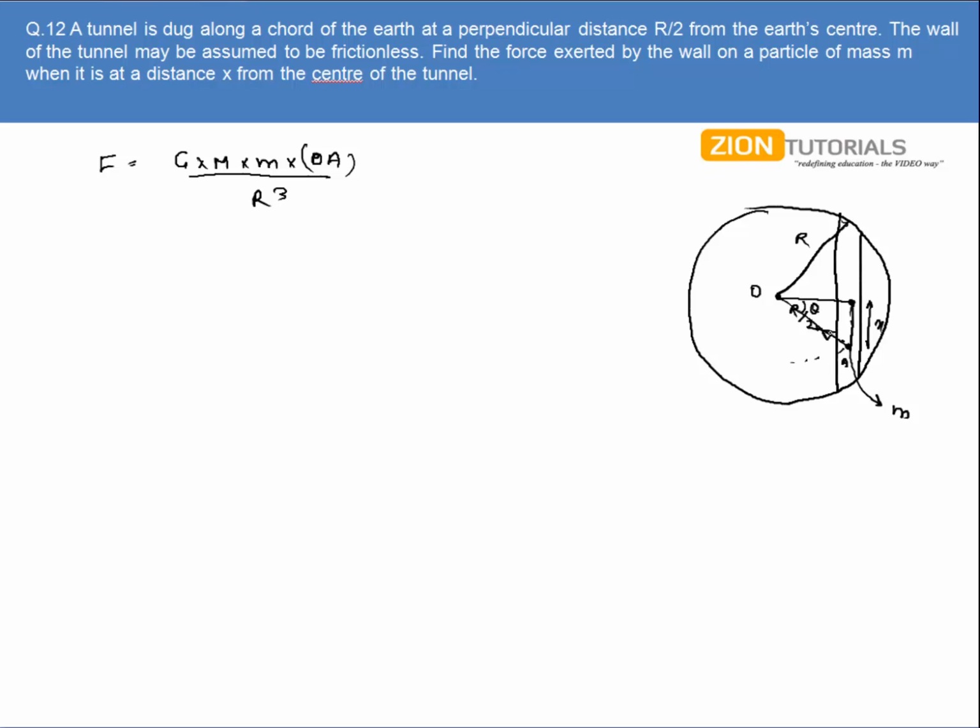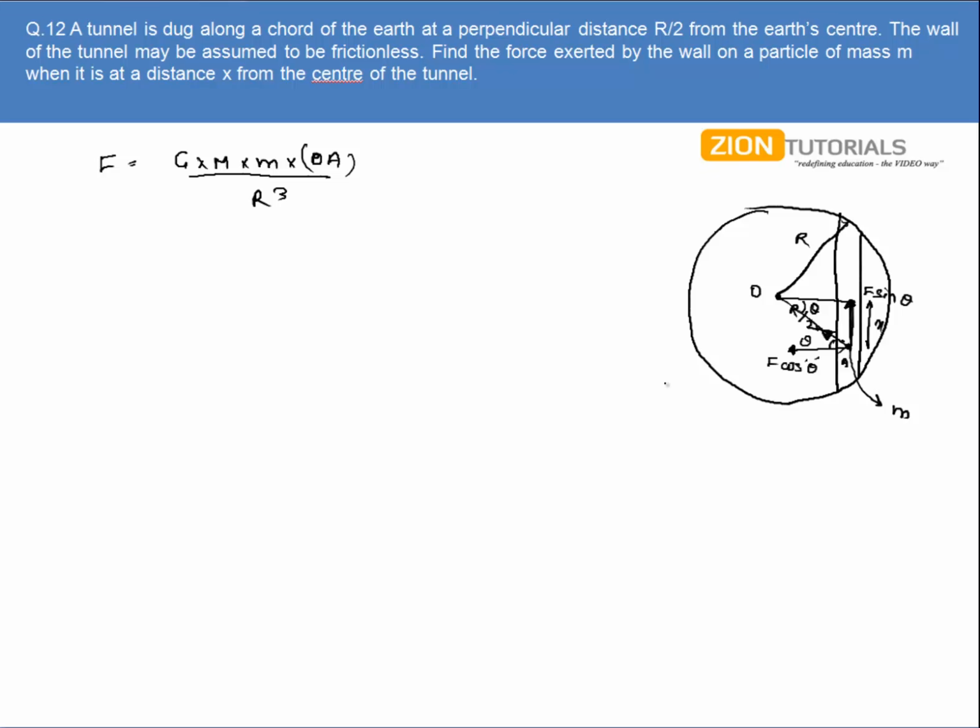The force acting between both of them is F, the magnitude of which I know. This angle is theta again, so this component will be F cos theta, and the other force will be F sin theta. Now I have to calculate the force exerted by the wall.